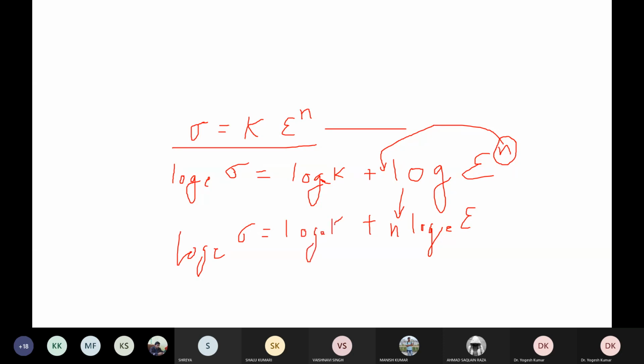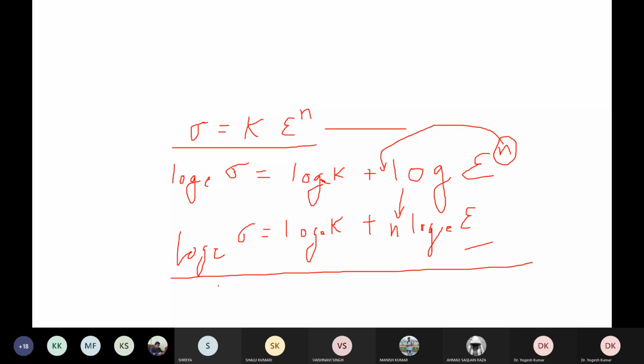Since I'm tapping on my slide using my mouse, I hope you are able to understand the term which I am reading. Natural log of sigma is equal to natural log of k plus n times natural log of epsilon. Here you can see this equation looks like the equation of a straight line.